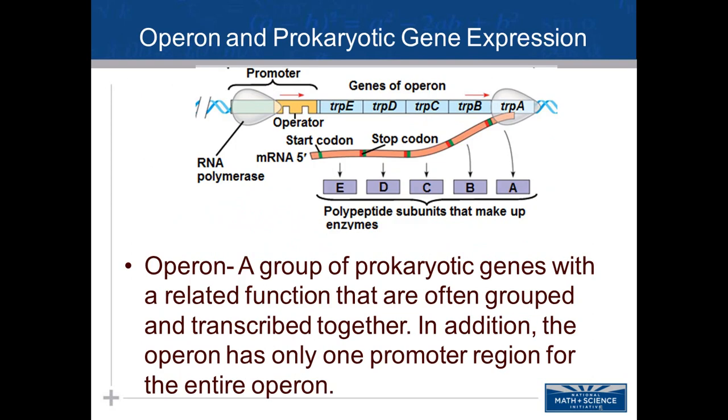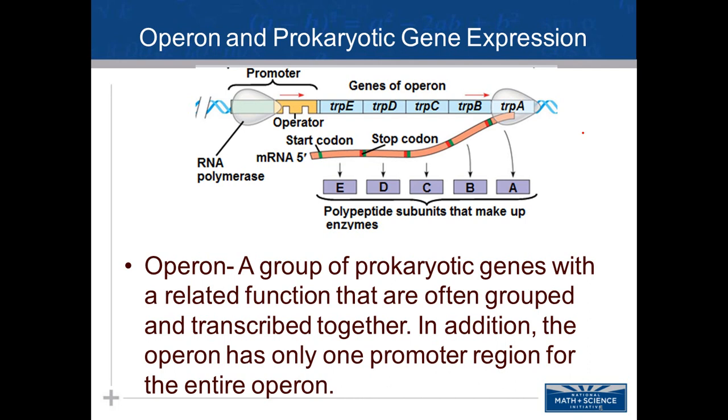Now, I've got to say that prokaryotes are a lot more efficient in how they regulate their genes. Remember, we had an example in which we were looking at the production of the amino acid tryptophan, and we said that there were 5 enzymes involved in that.